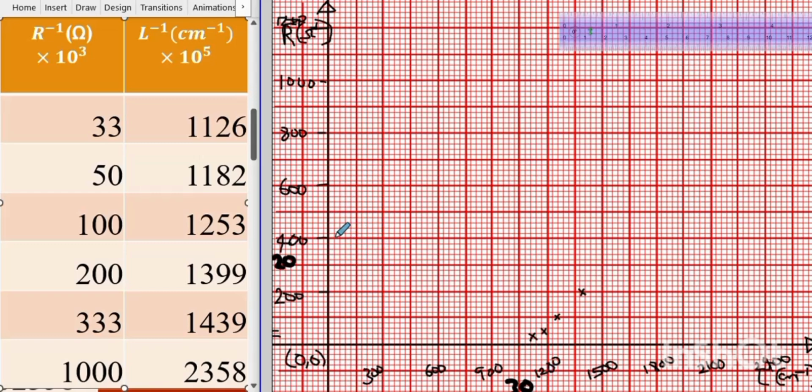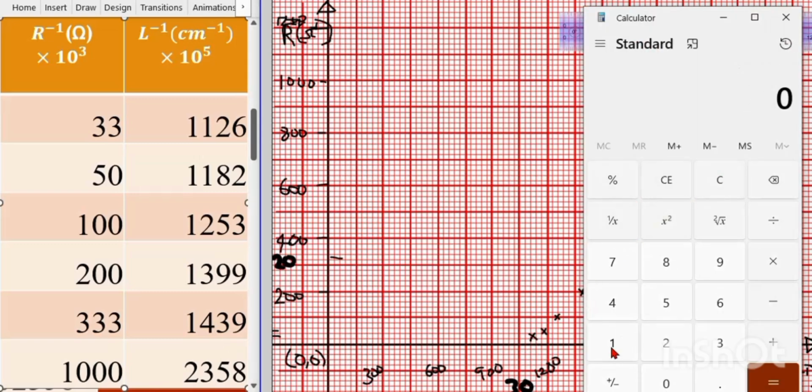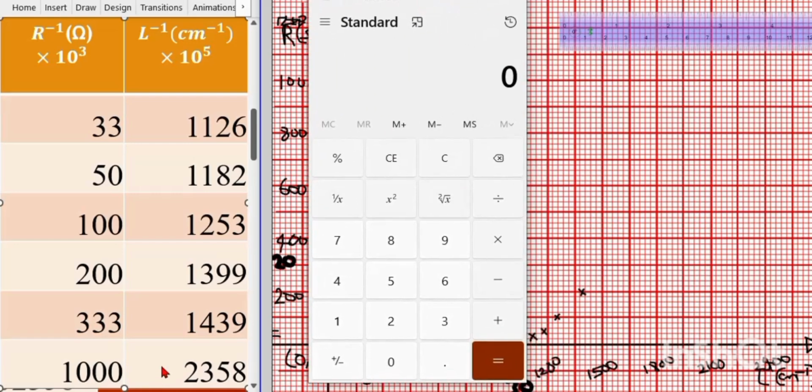So we have it here. And then we have 1439. Let's look at the range. 1439. This is 1500.